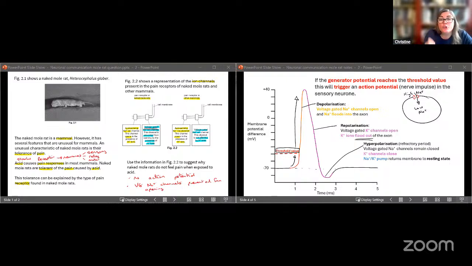Therefore, make sure you give more information. There is less depolarization of the receptor cell, and that is because fewer voltage-gated sodium channels open.